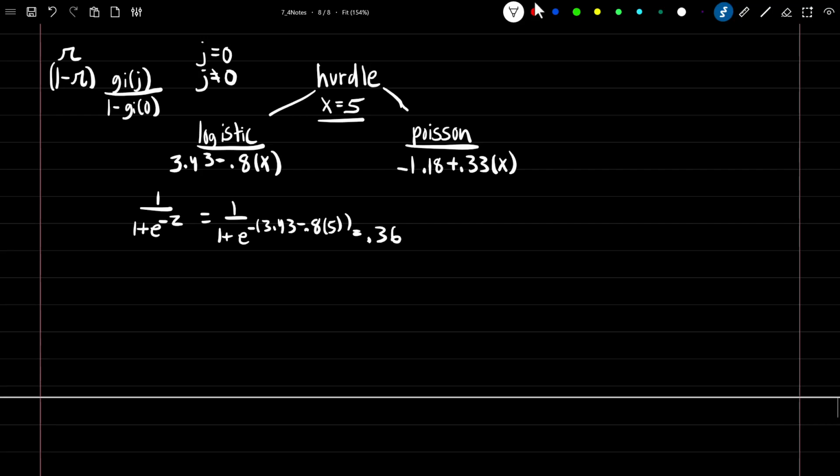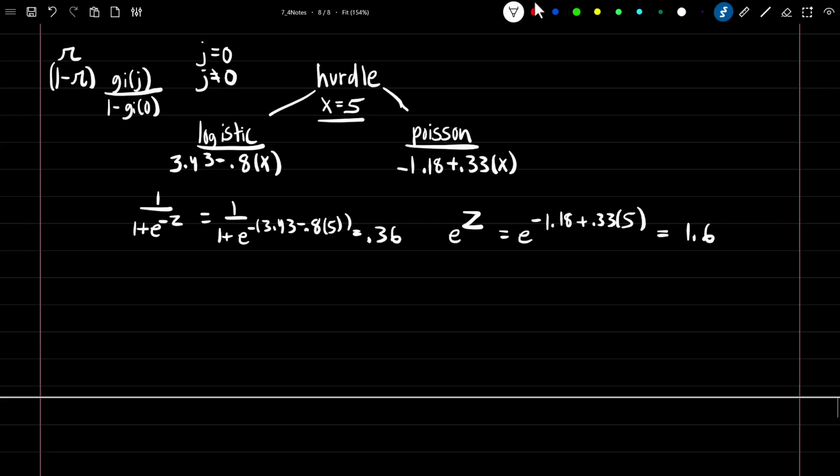And then to find our lambda value, the function we use for Poisson is e to the z. So e to the negative 1.18 plus 0.33 times 5, and we'll get a lambda value equal to 1.6.